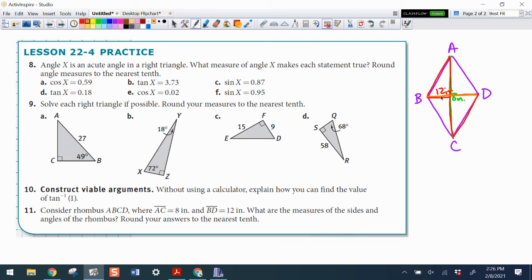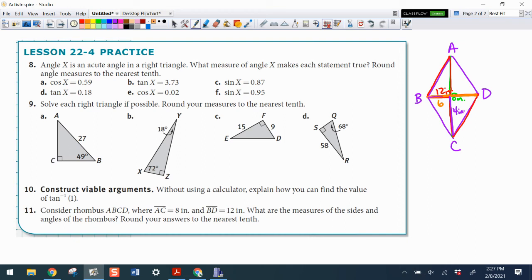If the length from B to D is 12 inches, then from B to this intersection point is just going to be 6 inches. And if the length from A to C is 8 inches, then from C to this intersection point is going to be half of that, 4 inches.